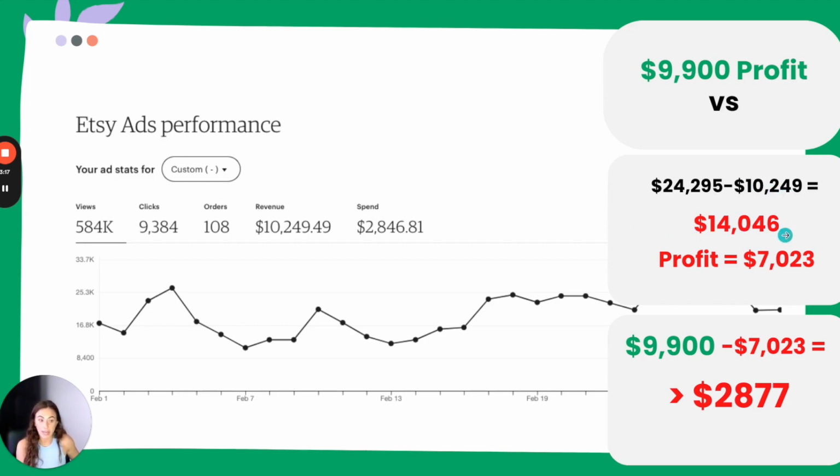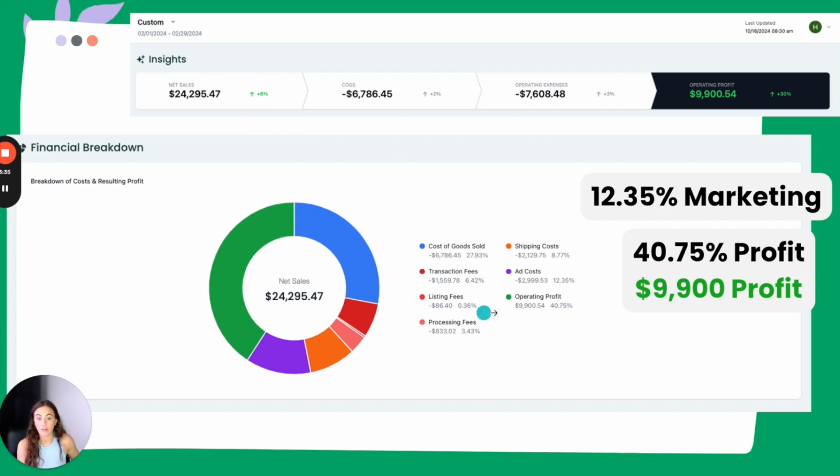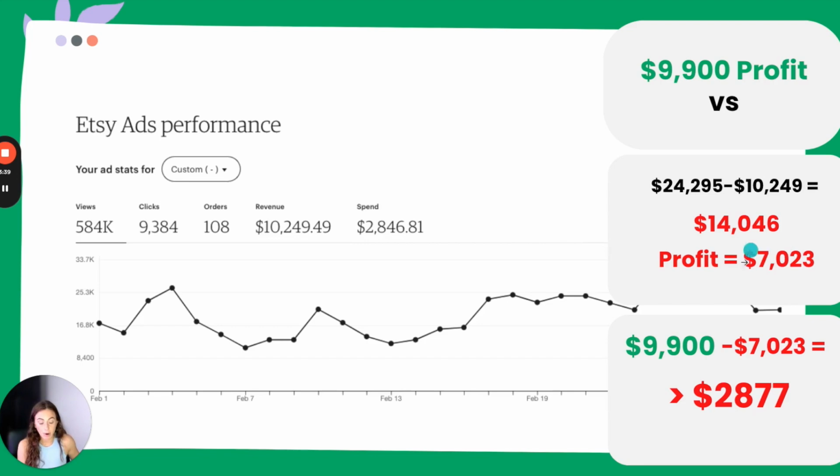That's $14,000 in top line sales if you don't include what the ads generated the shop, right? The profit on that would have only been $7,023, right? And how we got the profit from here was essentially by taking out all of these other fee percentages here. And so that profit left over is $7,000.